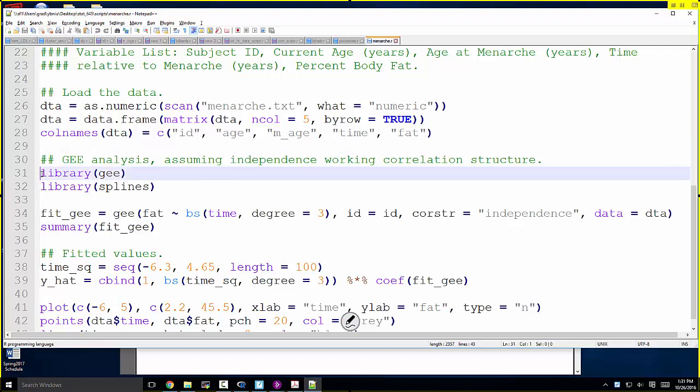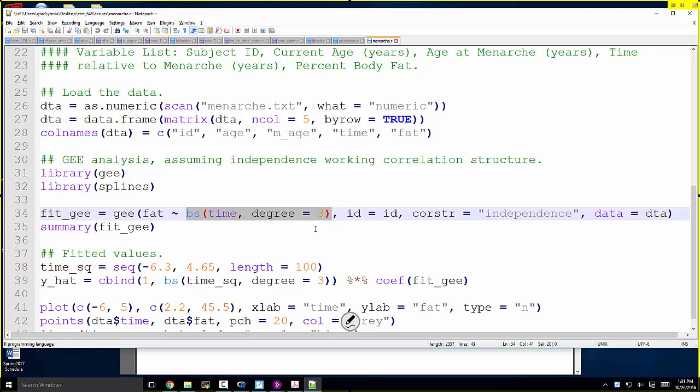Okay, so let's try a GEE model that treats time as a cubic polynomial or a cubic spline. I didn't specify the knots. I didn't tell it how many knots to use.